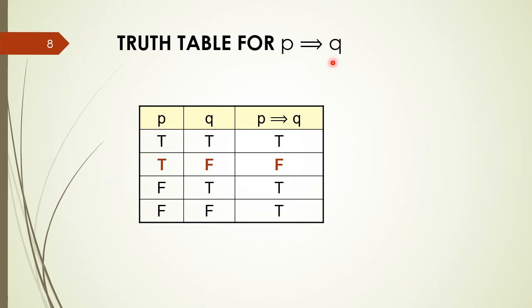The formula to get all possible input combinations of truth values is 2 raised to the power of the number of variables in the expression, and 2 raised to the power 2 is 4. So there are 4 rows in the truth table, and we have discussed earlier that there are two parts in the conditional statement: the if part, known as the antecedent part, and the then part, known as the consequent part.